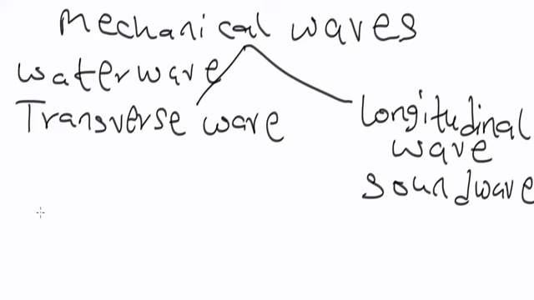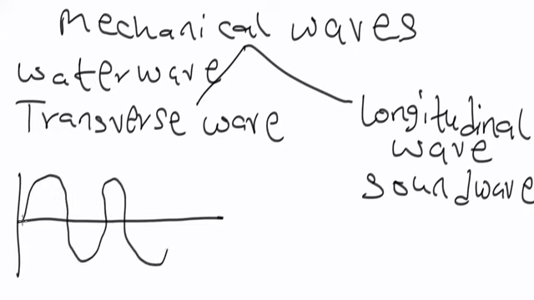Now, diagrammatically, let me differentiate between transverse and longitudinal waves. Let me show you how it appears diagrammatically. Let me represent a wave motion. So this is an example of a transverse wave. Whereas for a longitudinal wave, we have a shape like this.